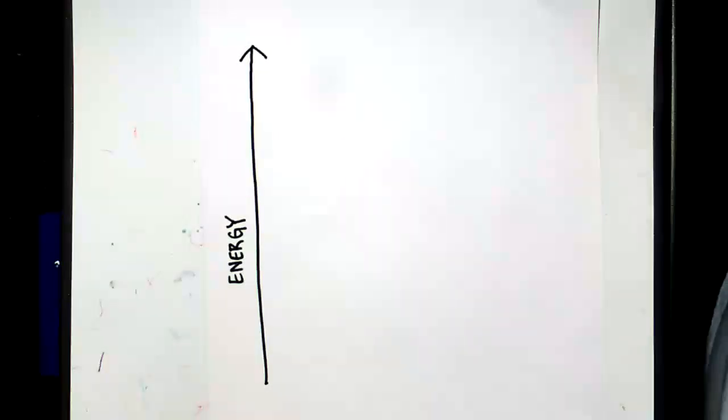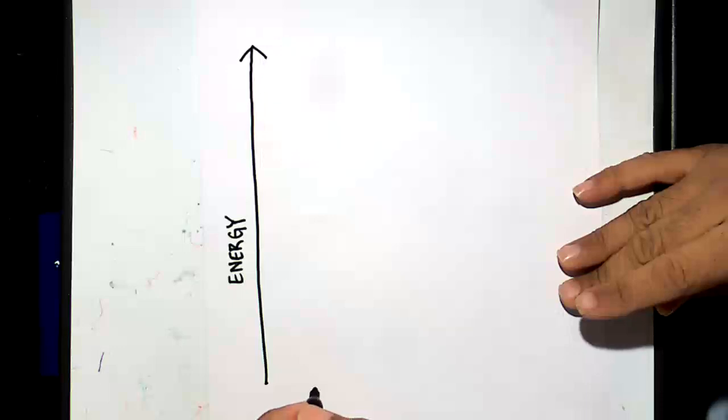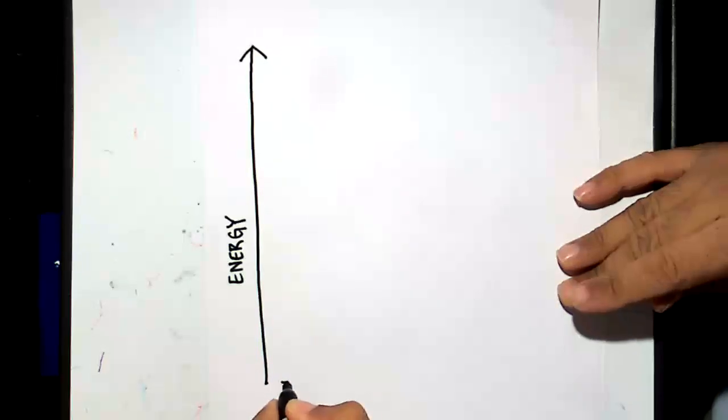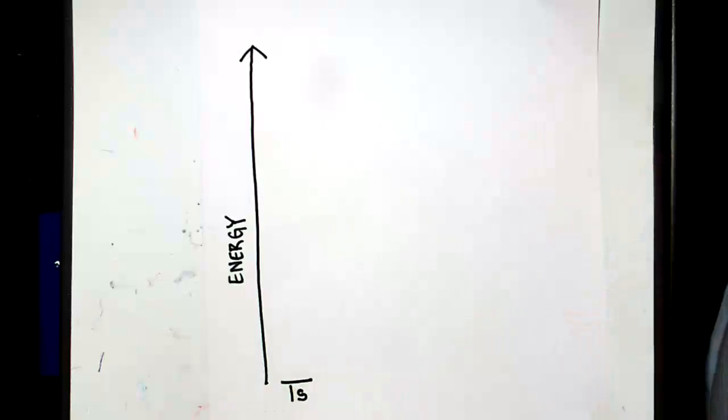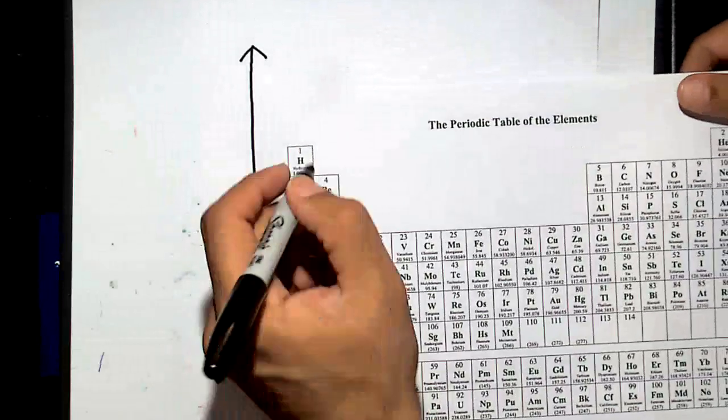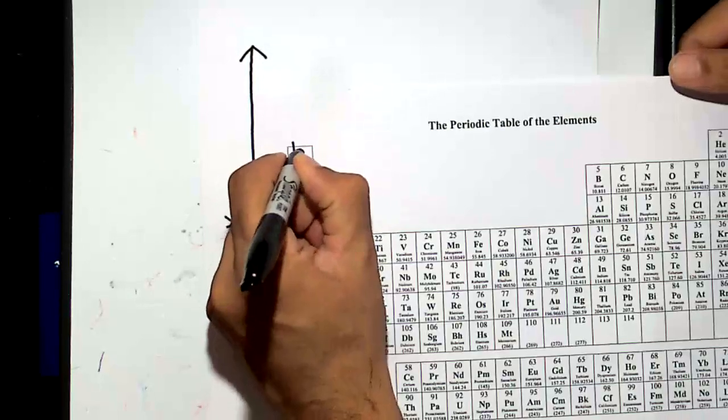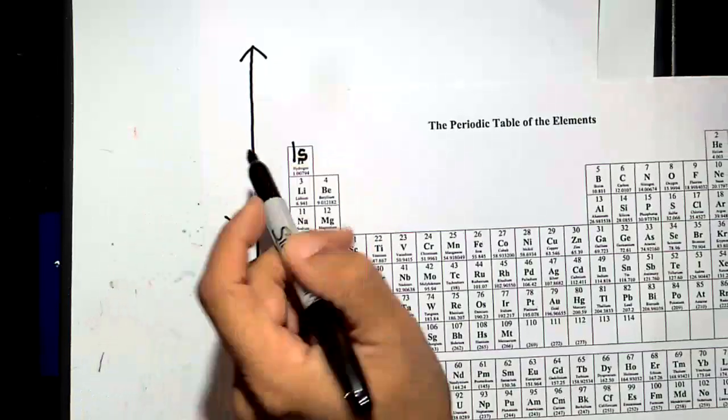So we have shells and orbitals. We already know these orbitals. One of them is the s orbital. We're just going to call this 1s. That's the lowest energy orbital, and in our periodic table, this would be 1s.